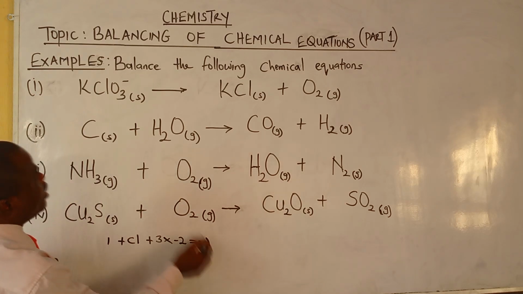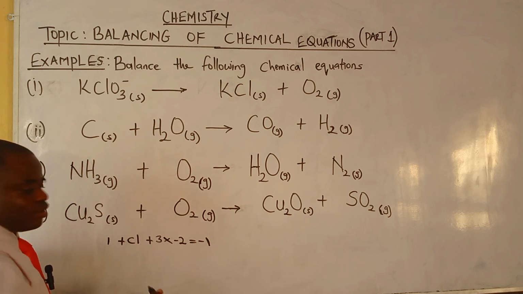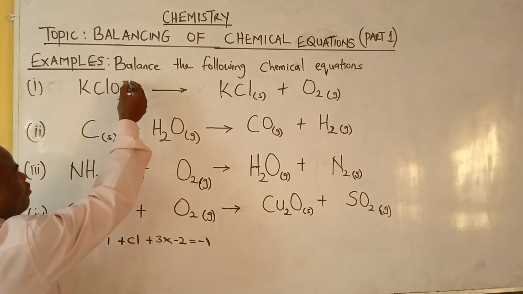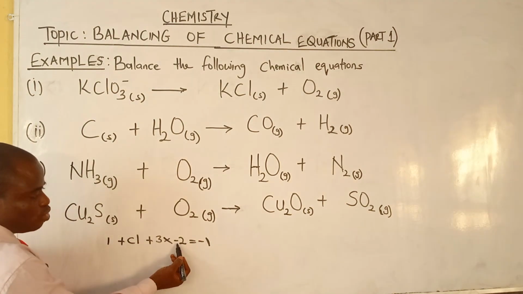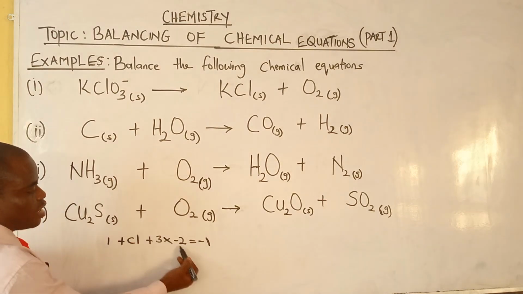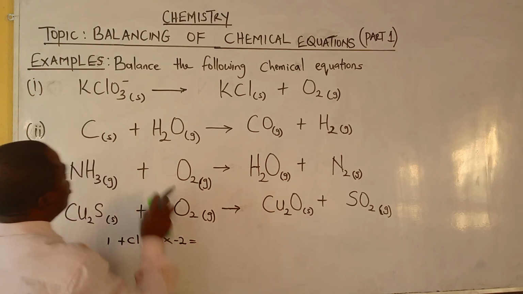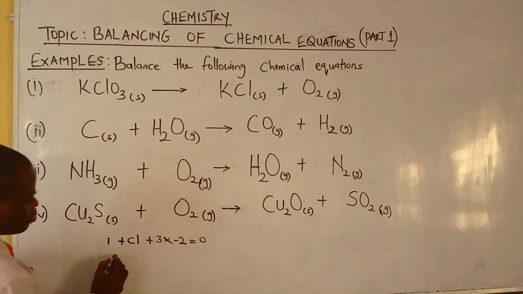But the anion on oxygen is minus 2, and the minus 2 is still standing: 3 times minus 2, or equate whatever you have at the top. But in this case, you are not given anything negative, so you equate it to 0.